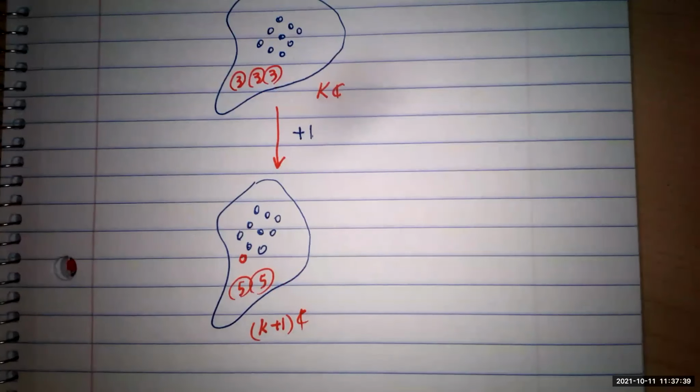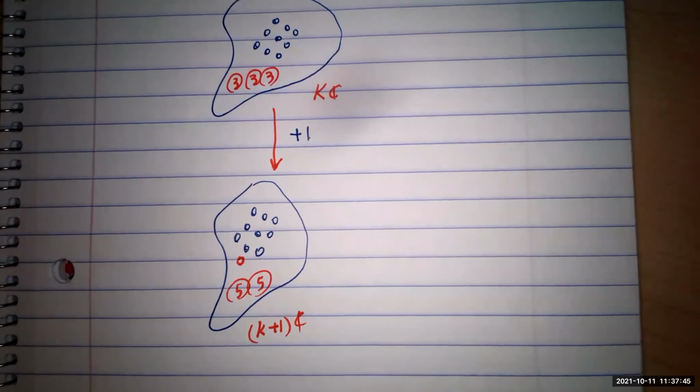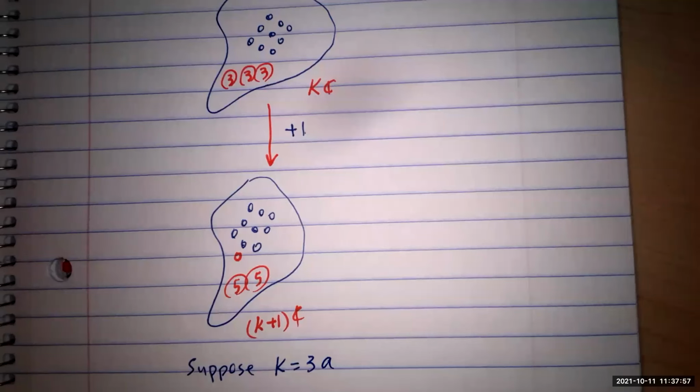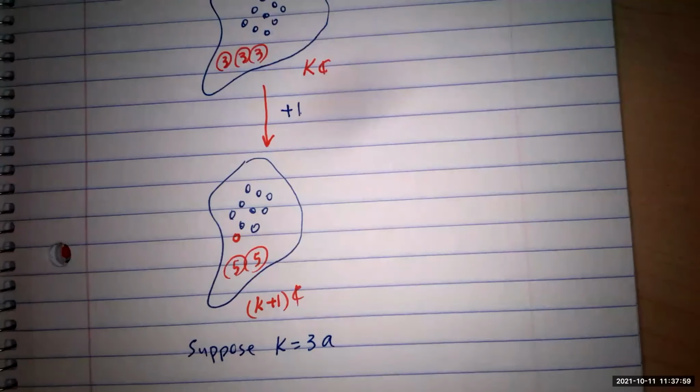Okay, so in this case, the idea is you have to borrow three 3 cents and add the 1 to do it. Mathematically, we say suppose k is equal to 3a. So bring the k plus 1: k plus 1 would be 3a plus 1.